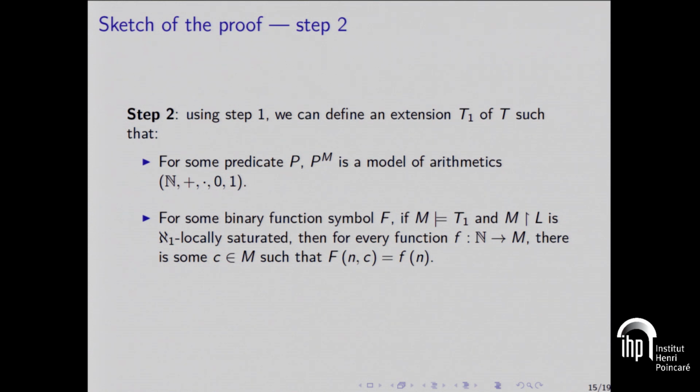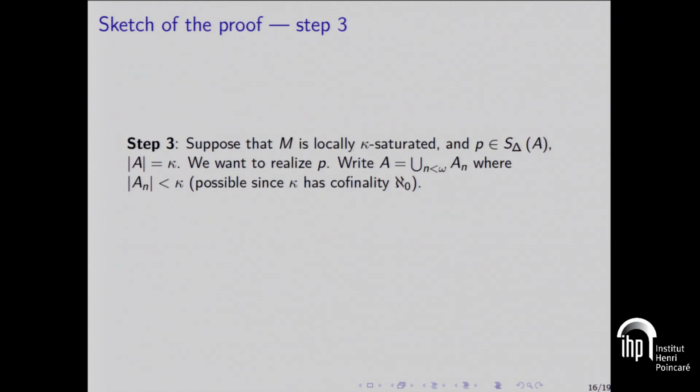Since we assumed some local saturation, all these branches are consistent, so C will be the element realizing that branch. Then we add to the language some functions to help us define this. That's it for T1; maybe we'll add a little bit more later.